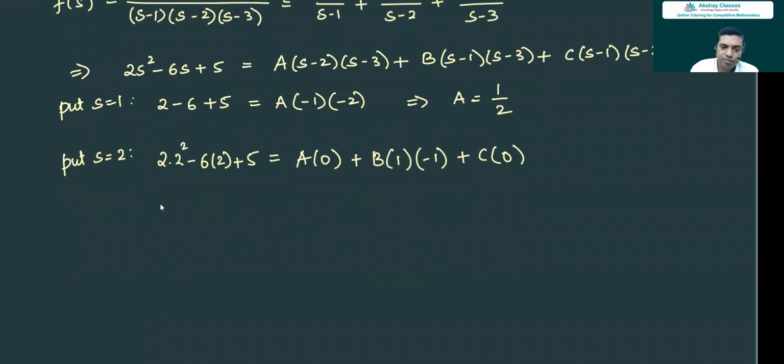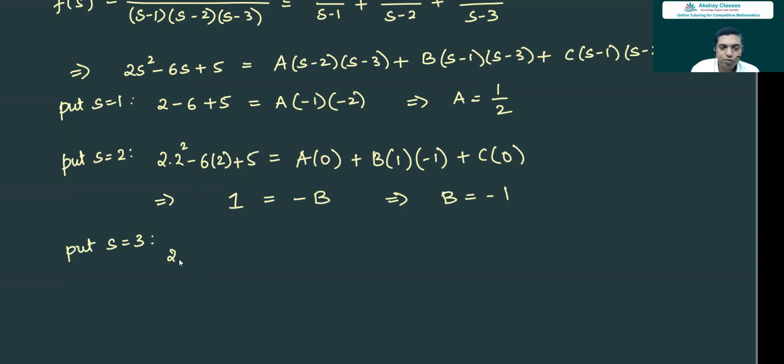So b is minus 1 here. So b times minus 1. So 4 2's 8, 8 plus 5, 13 minus 12 is 1, is minus b. So b is equal to minus 1.